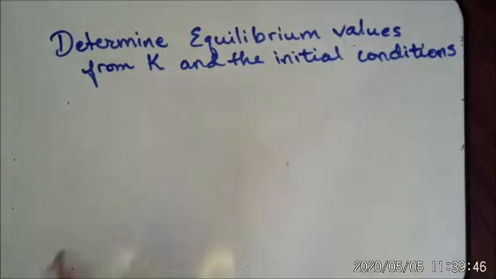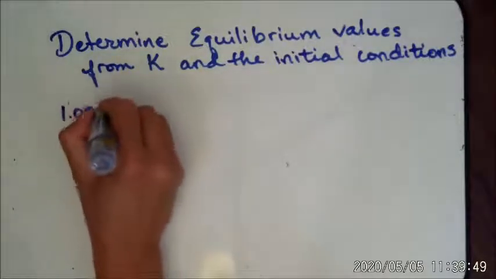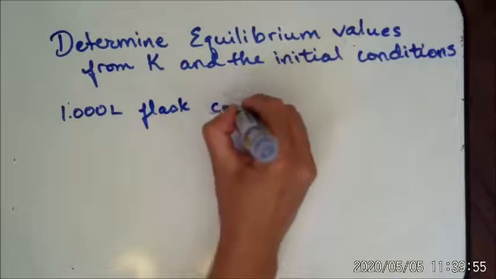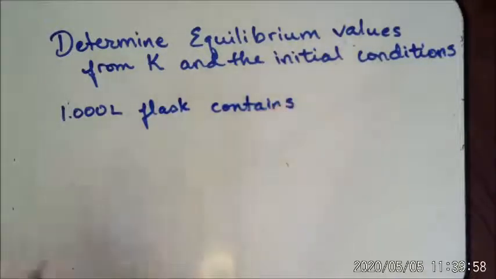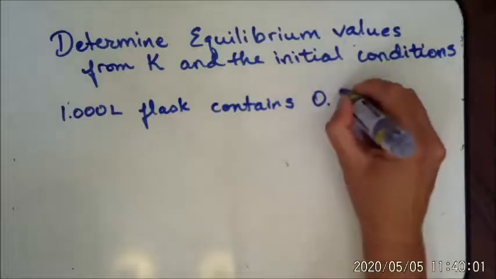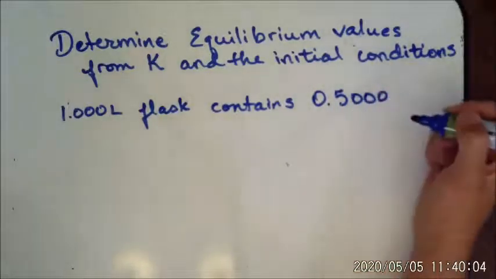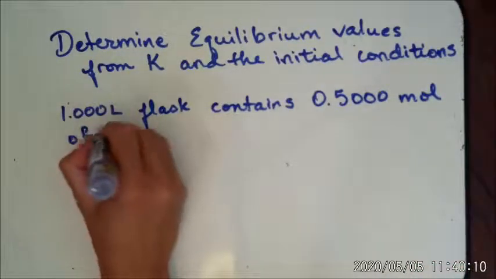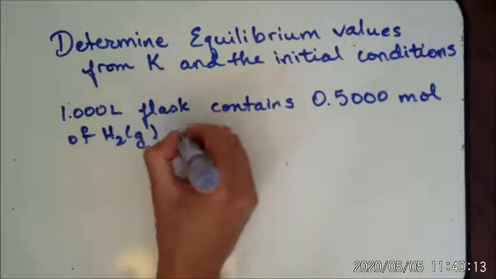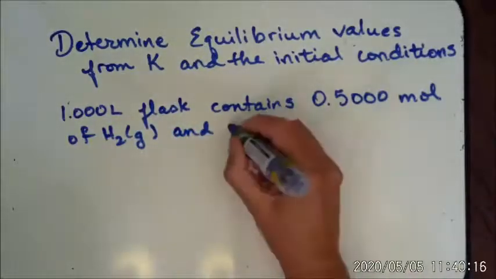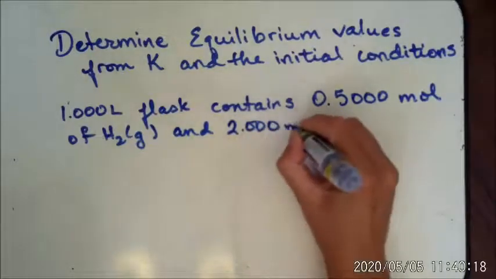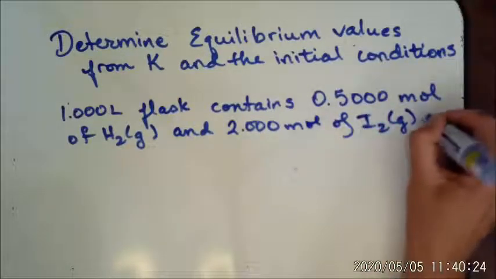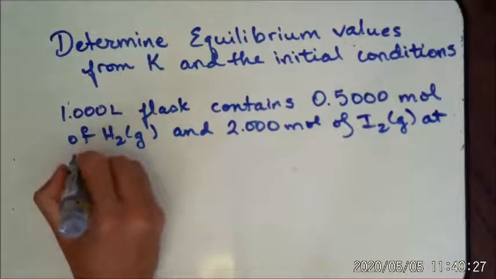Alright, so let's do this example. A 1 liter flask contains 0.50 moles of hydrogen gas and 2 moles of iodine at 448 degrees Celsius.